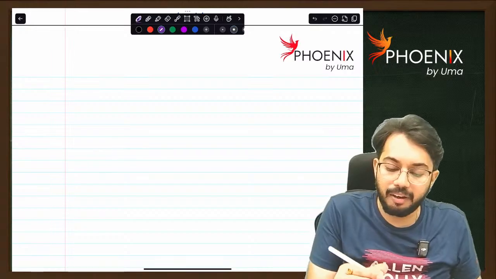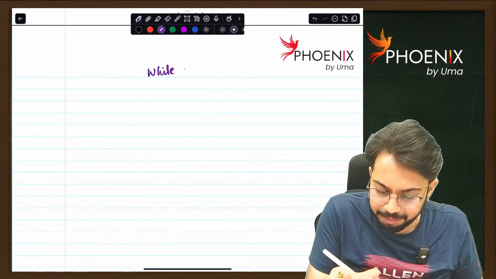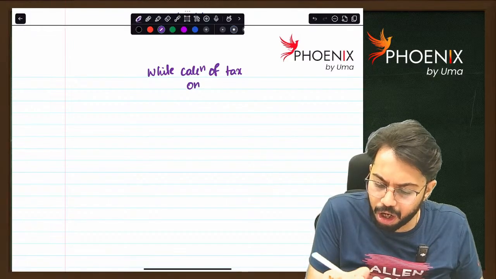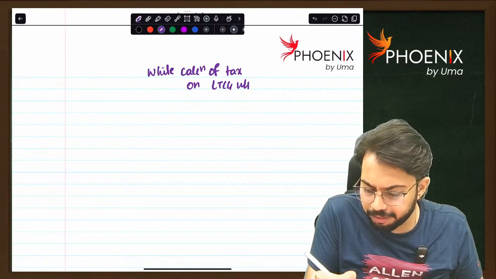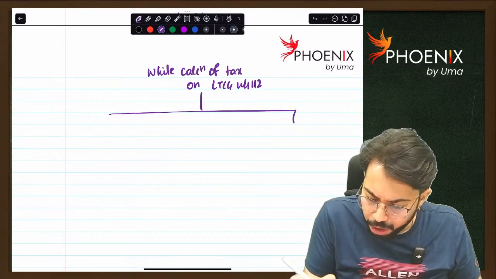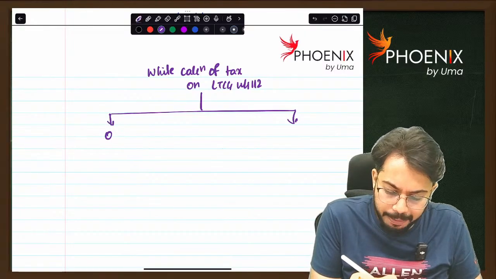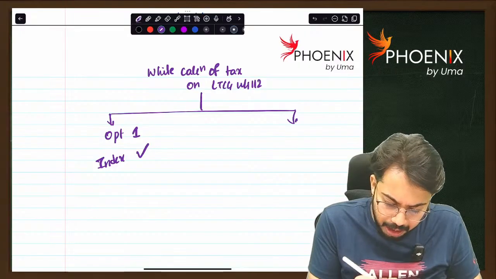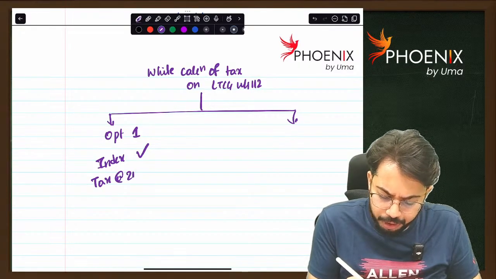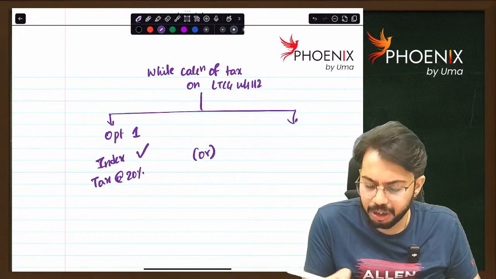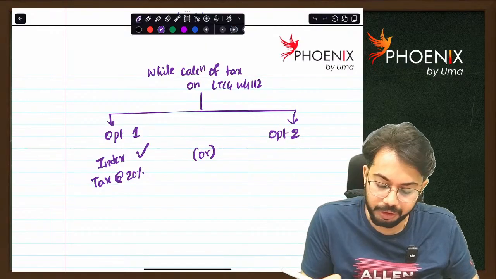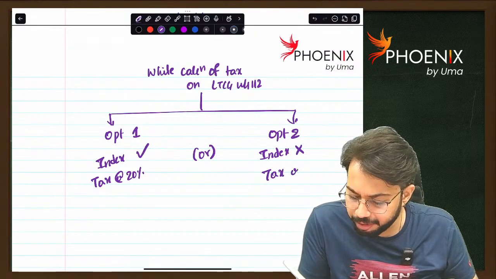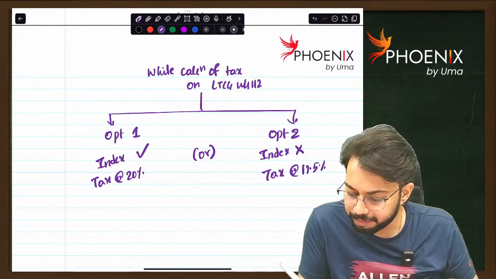But while calculation of tax on long-term capital gain under section 112, two options are available. Option 1, claim indexation, tax at the rate of 20%, or option 2, don't claim indexation, tax at the rate of 12.5%.